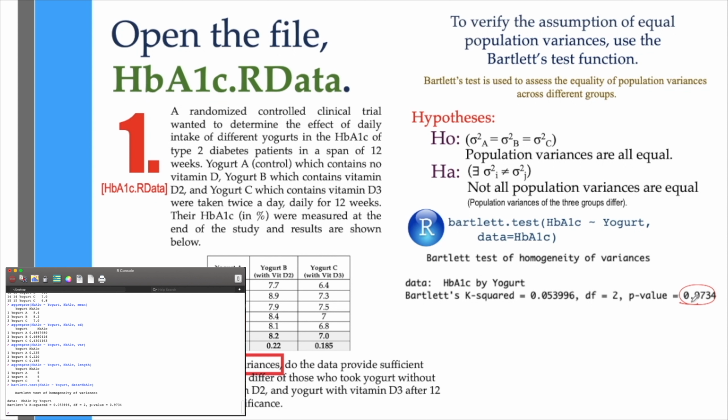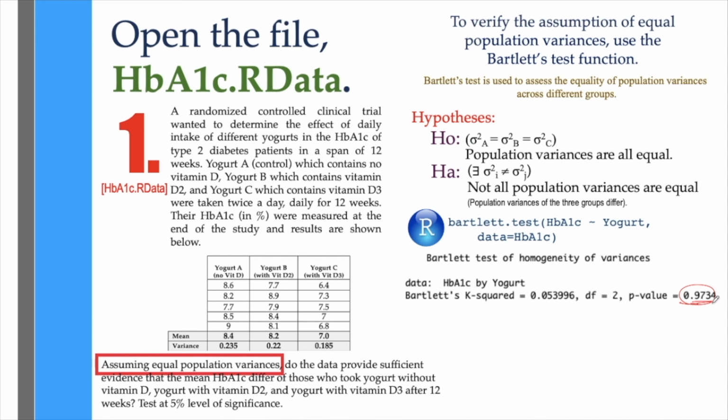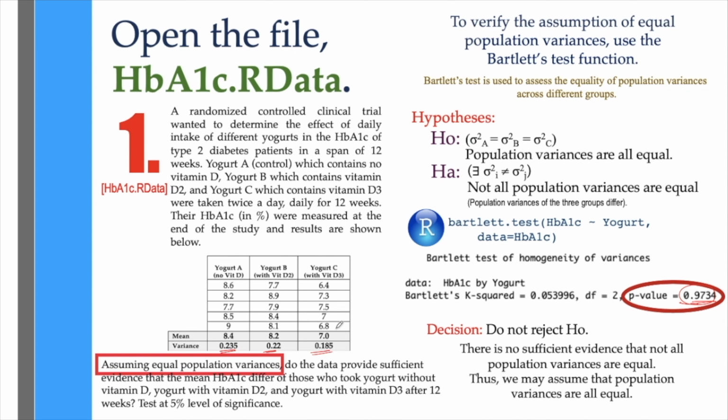So since the p-value is greater than 0.05, this shows that the variances differ by chance. So we may not say that the population variances are not equal. Or in other words, we're not going to reject the null hypothesis and conclude that there is no sufficient evidence that not all population variances are equal. So we may assume that the population variances are equal.